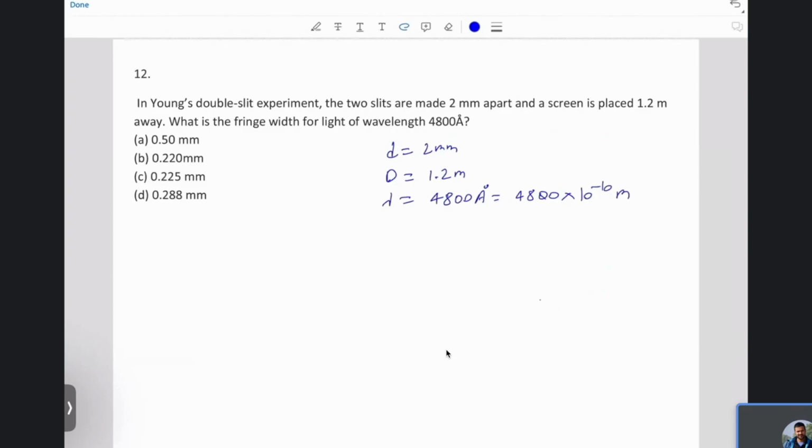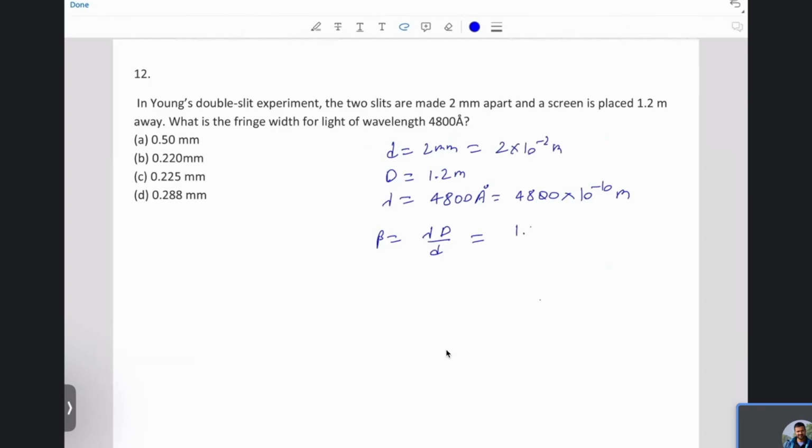So fringe width we can calculate using the formula lambda D by d. We can write this in millimeters.